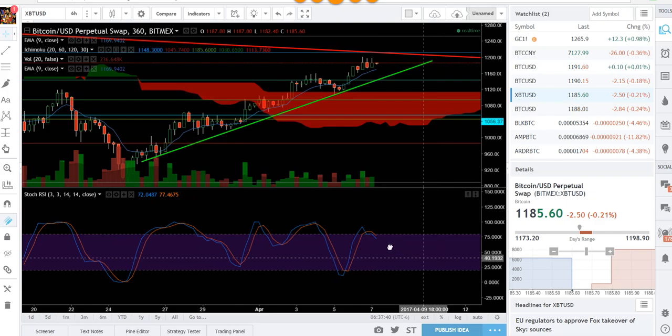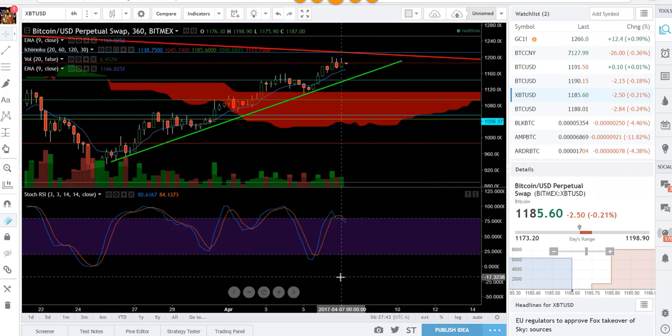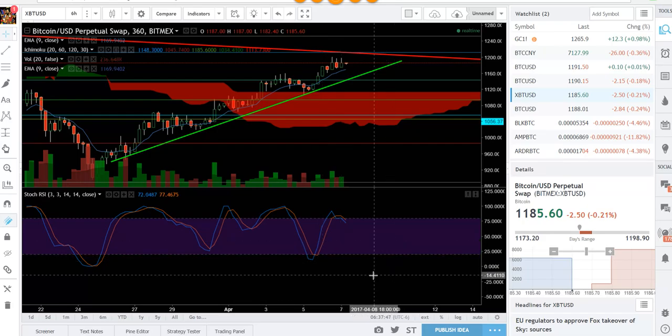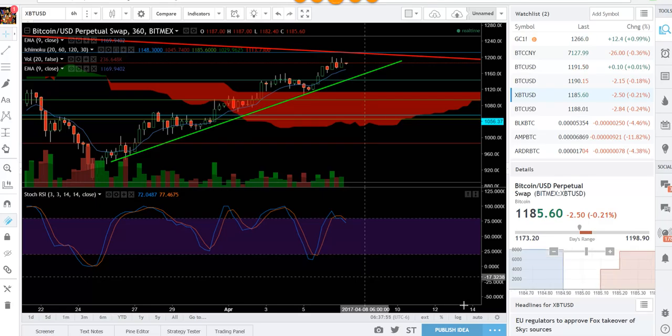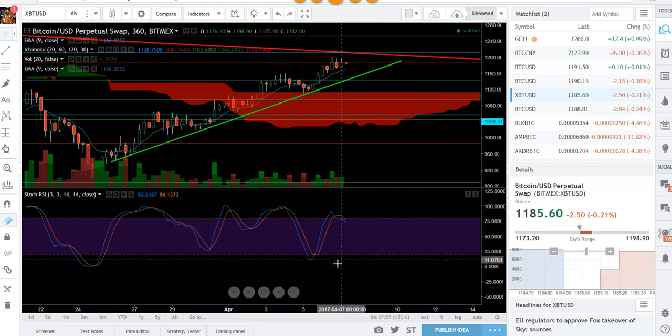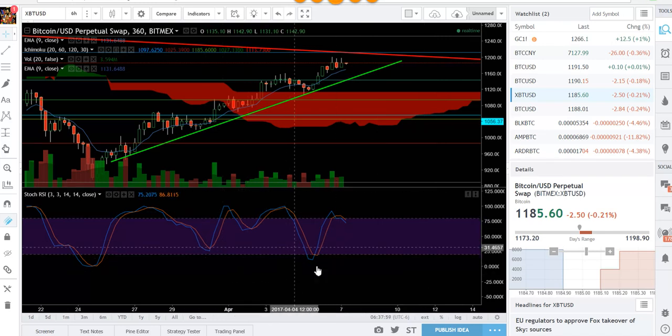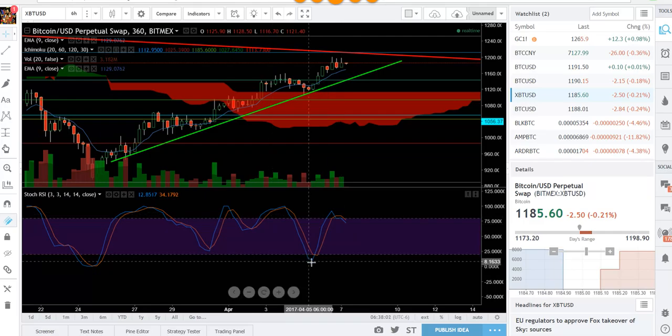You can't trade on this indicator alone, but when you use it with our strategy, it really is giving us an indication of how the market may react during the time where we're looking. This is an oscillating indicator. It will move up and down with the strength of the market.